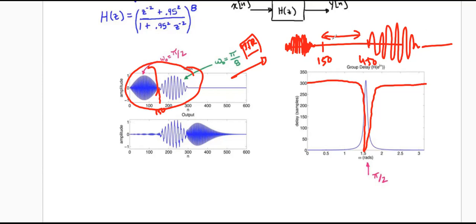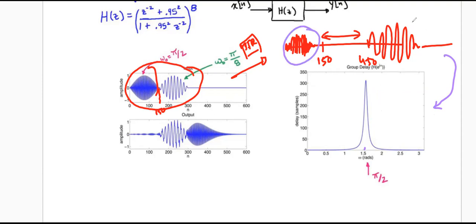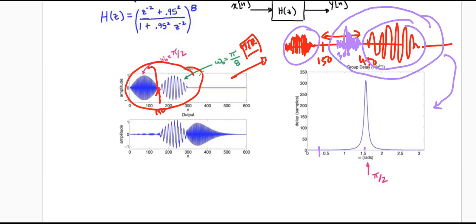Now what we can do is pass this signal through this kind of all-pass filter, where the high frequency component is delayed by 300 samples and the low frequency component is not delayed at all. So this high frequency component, after 300 samples, will come over there, which is equivalent to our original signal.